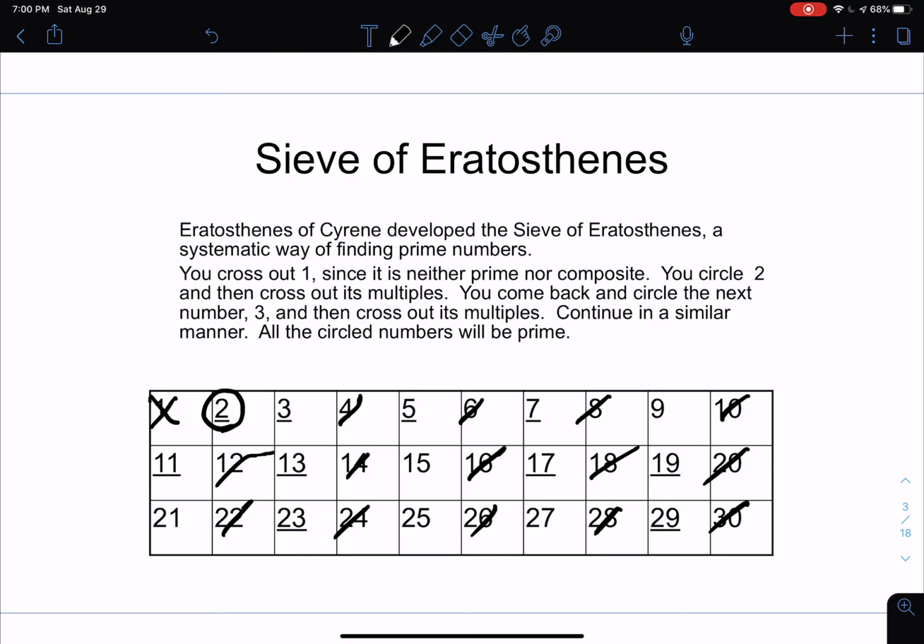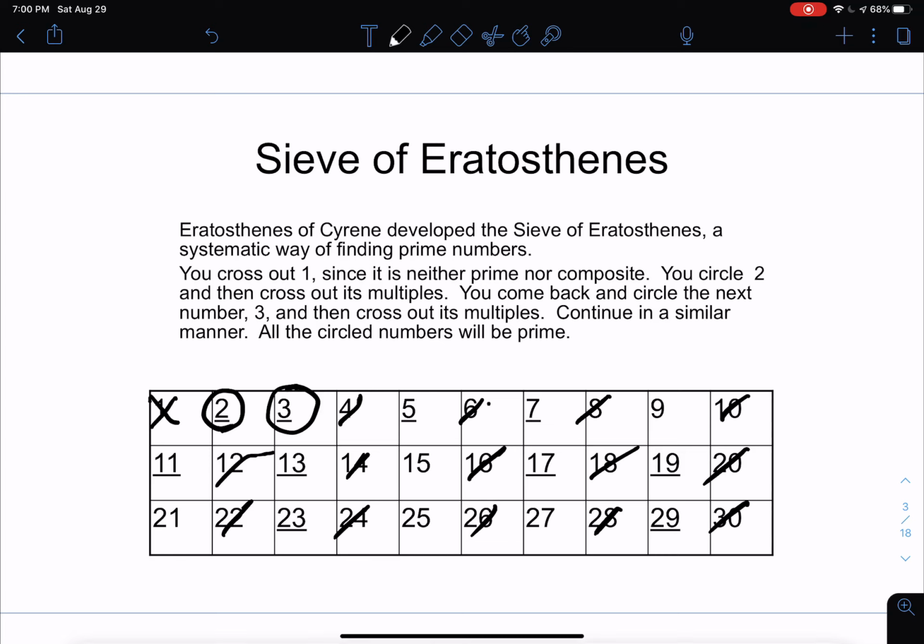And once you're done with that, you go back to the 2. The very next number that's available is 3. It's not crossed out yet. That number's prime. Each time, the very next available number will be prime. So 3 only has factors 1 times 3, but its multiples will be composites because they'll have factors of at least 3 times something. 3 times 2 is 6.